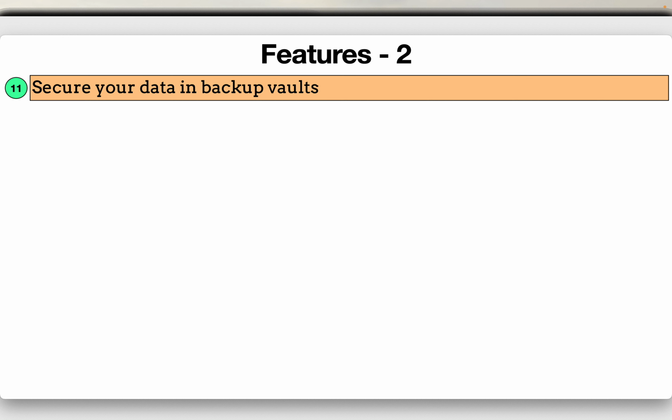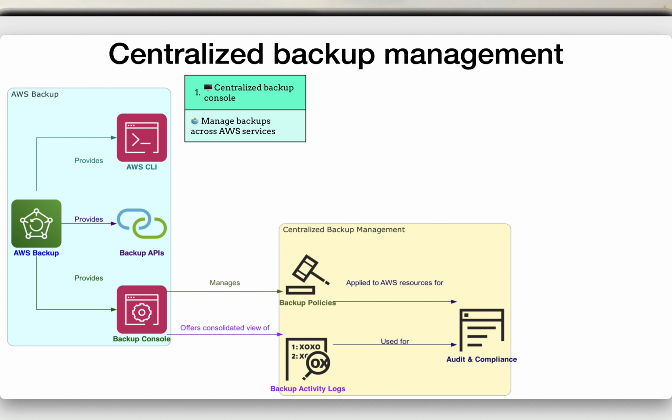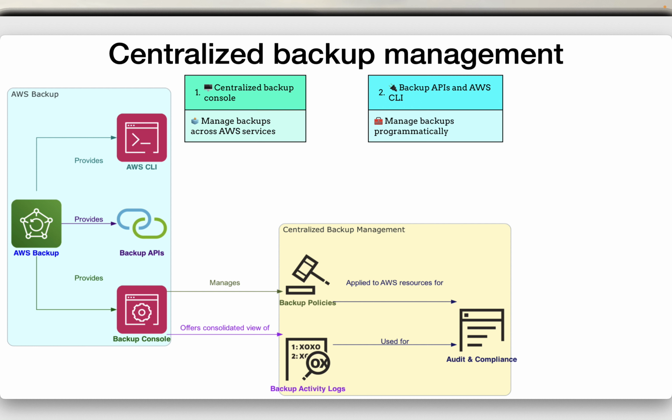First, centralized backup management. AWS Backup provides a centralized console to manage backups across the AWS services your applications use. In addition to the console, AWS Backup offers a set of backup APIs and integrates with the AWS command line interface (CLI) for managing backups. With AWS Backup, you can centrally manage backup policies that meet your specific backup requirements.